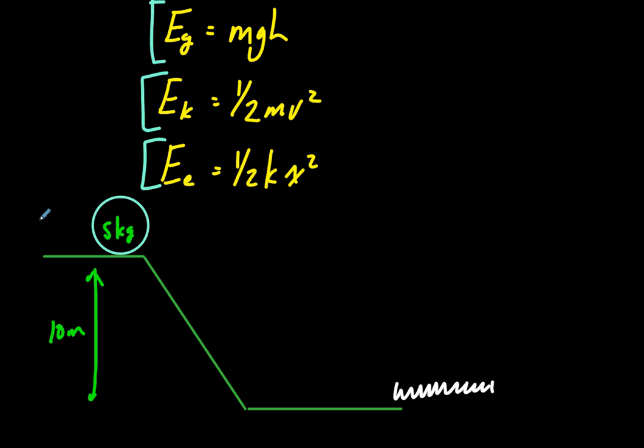Let's say this is position A, this is position B, and this is position C. And let's give this spring a K value of, let's make it 4,000 newtons per meter.